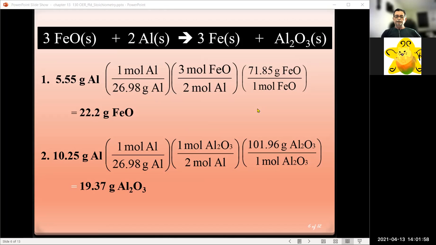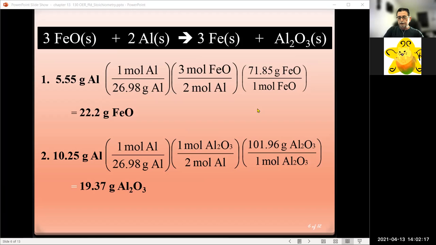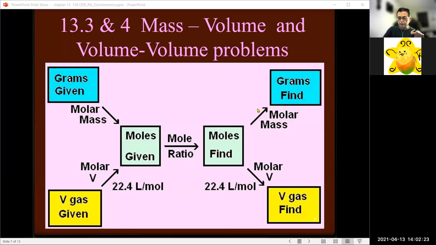All right, so the flow chart overall, it helps you. My suggestion is this flow chart, you got it, you understand how it works. You should not have a problem if you set up your problems like I just demonstrated here in the ratios and check your units, and you follow through your thinking process using this flow chart.